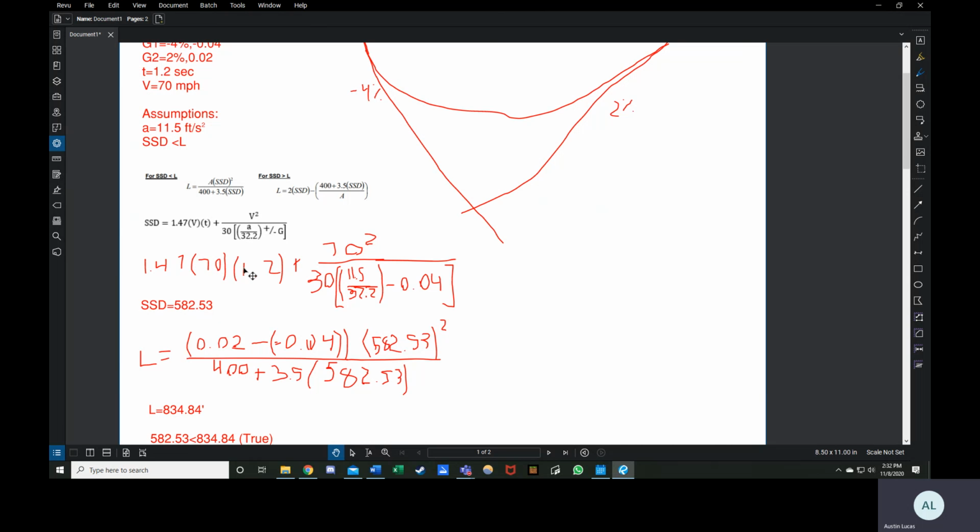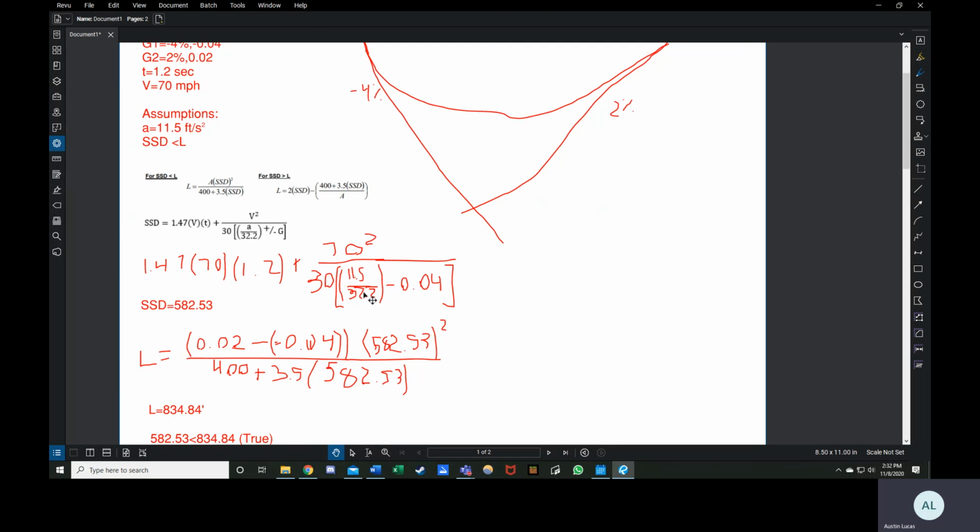So our velocity of 70 miles per hour, and then T, our reaction time, is 1.2. Then we add that to our velocity again squared over 30, which is another converting factor for things being in miles per hour. Then we put in our deceleration, which for this problem I have assumed to be 11.5. Some people assume 11.3. Once again, it's an assumption, so there are going to be certain discrepancies.